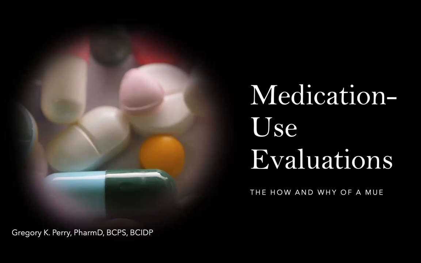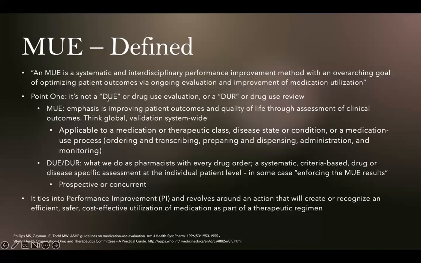The how and the why of a MUE, or medication use evaluation. So let's start out. You know, I like to write on stuff. So let's start out, but what is an MUE? Let's just define it. An MUE is a systematic and interdisciplinary performance improvement method. Remember that, performance improvement, with an overarching goal of optimizing patient outcomes.